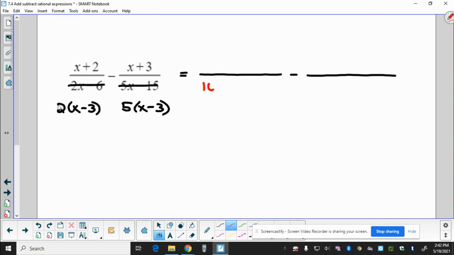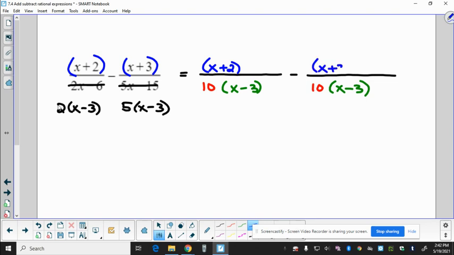They both divide into 10. X minus 3 is in common to both. I'm going to rewrite my numerators. Now, I got to look and see how my denominators have changed, and then change my numerators. What's the difference between those? 10 divided by 2? 5.